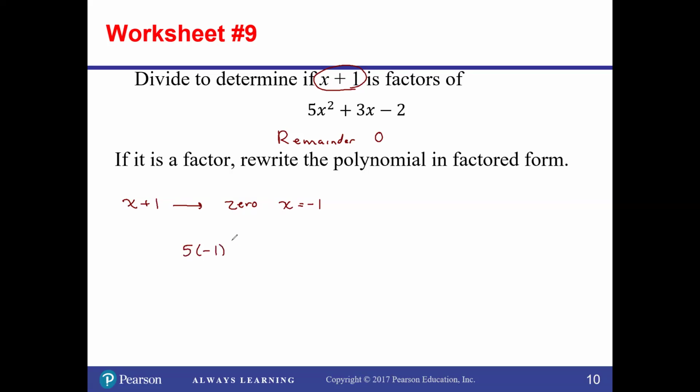So if I just replace all my x's with that -1, thinking of this like f of x, what we see is that we end up with 5 times 1, we get -3 here, -2, 5 minus 5. We get 0 again.